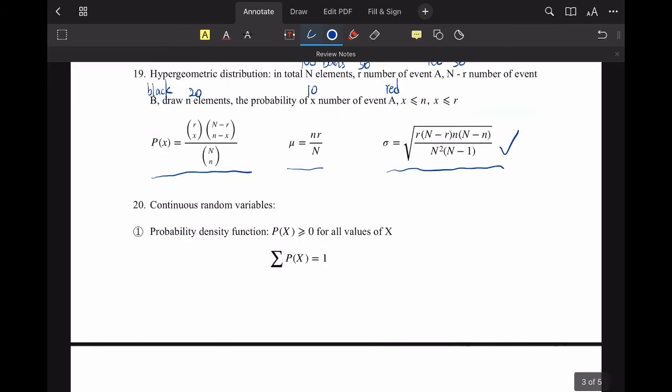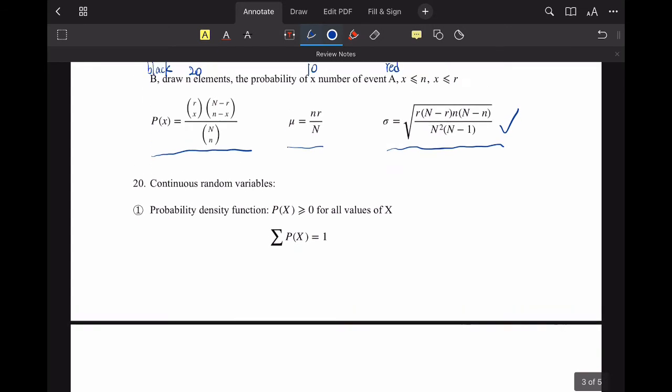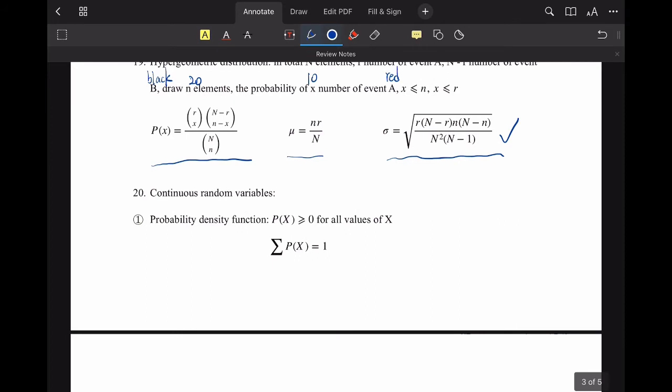Continuous random variables. There's a probability density function. For continuous random variables, because they're continuous, we cannot really calculate the number of events.